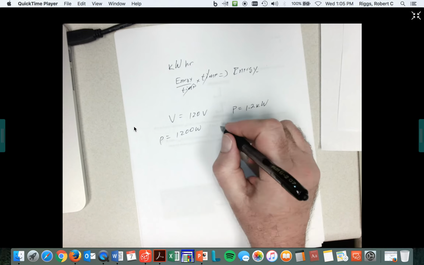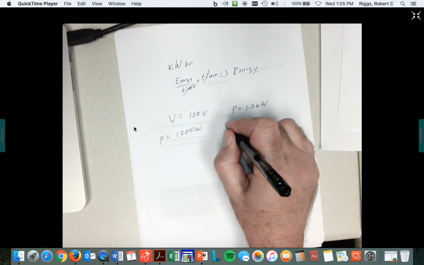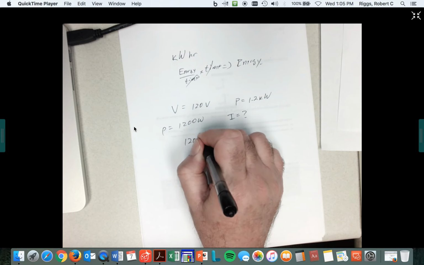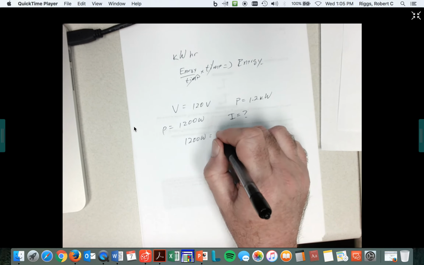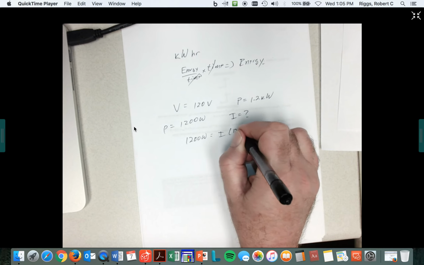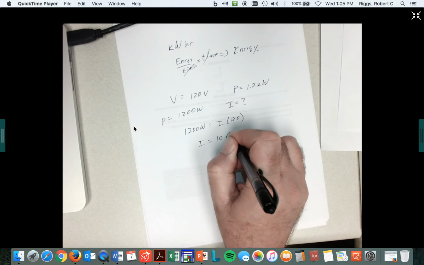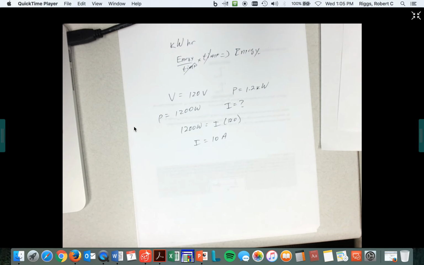How many amps does it pull? Well, that's easy. 1200 equals I times 120, which would be I is equal to 10 amps. That's a lot of amps. I mean, your house can only handle 15. So that's why hair dryers pull some amperage there.